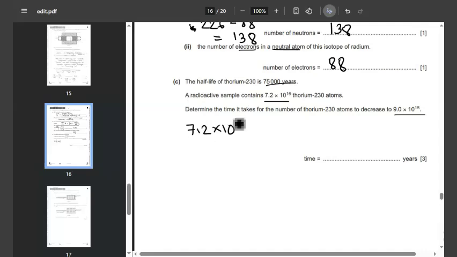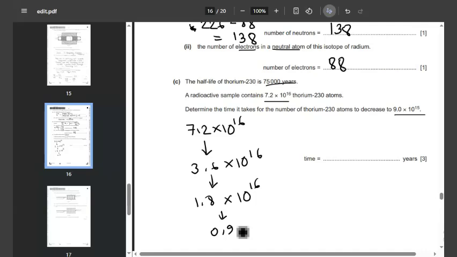7.2 into 10 to the power 16, when you half it, you will first get 3.6 into 10 to the power 16. And when you half it again, you will get 1.8 into 10 to the power 16. And again halving it, we get 0.9 into 10 to the power 16. So 0.9 into 10 to the power 16 is just 9 into 10 to the power 15.